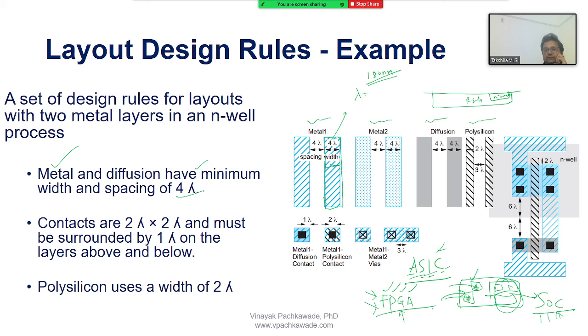Lambda will be 90 nanometer, right? L by 2. Yes, sir. So 90 times 4, 360 nanometer would be the actual width. Right? Correct? Or a mistake? Yes or no?